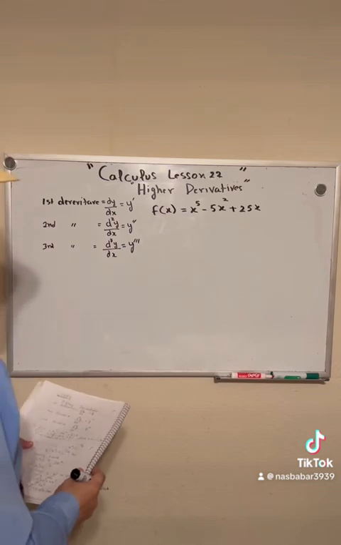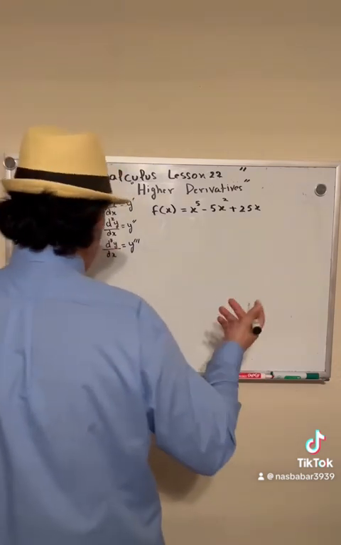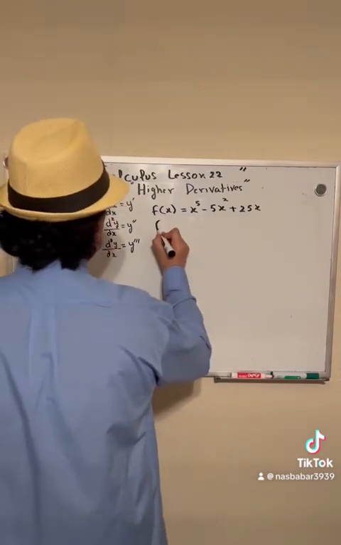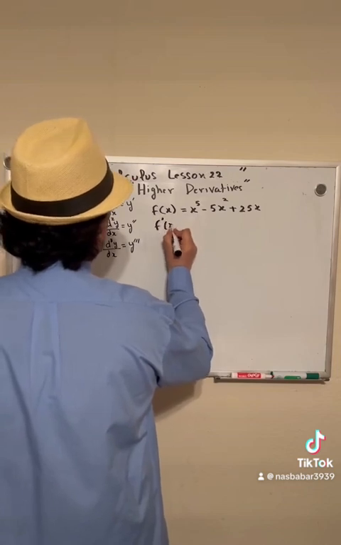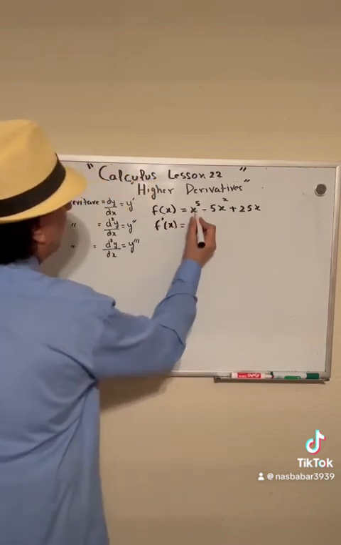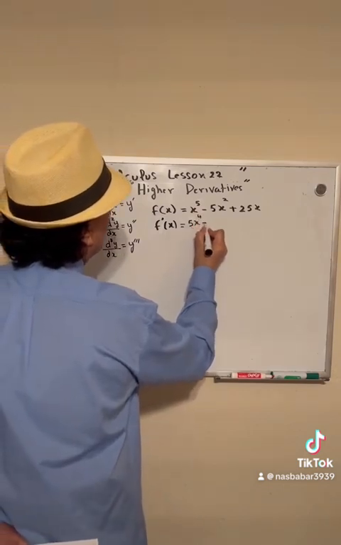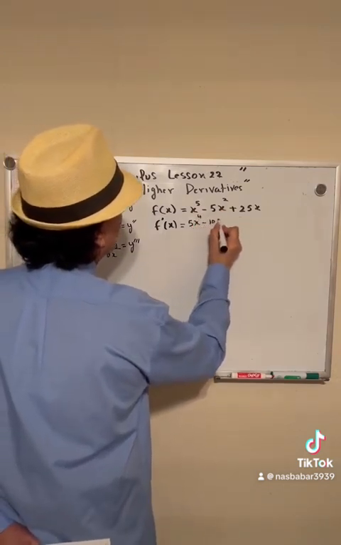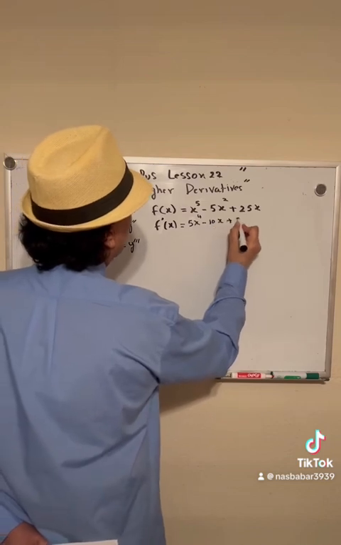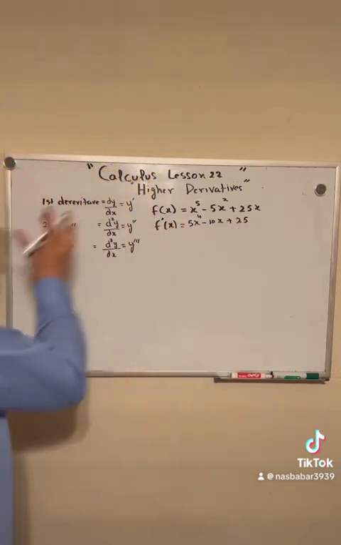The first derivative is real easy. What you do is f prime of x is equal to 5x, apply the rule, raised to the power 4 minus 10x plus 25. So that's the first derivative.